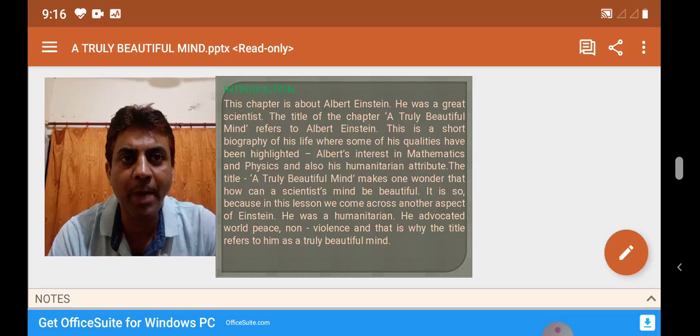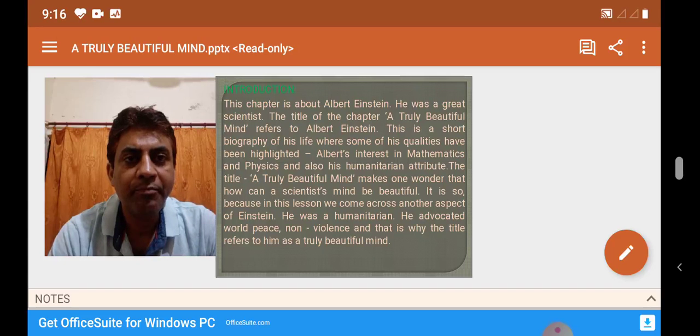This is a short biography of his life where some of his qualities have been highlighted: his interest in mathematics and physics, and also his humanitarian attribute.